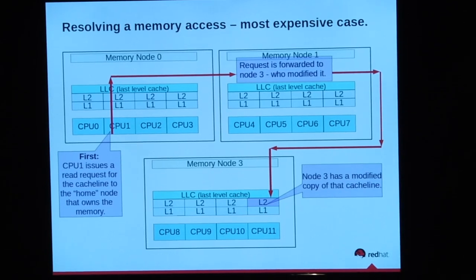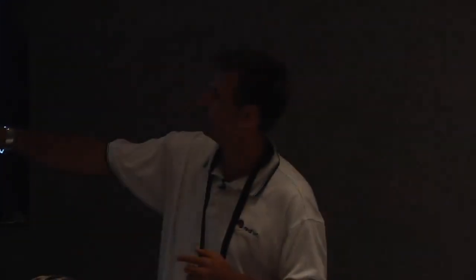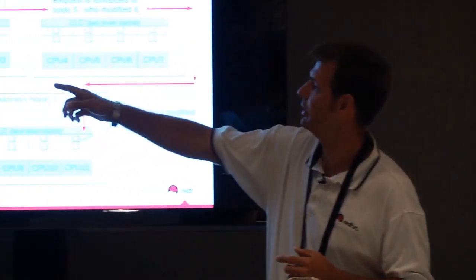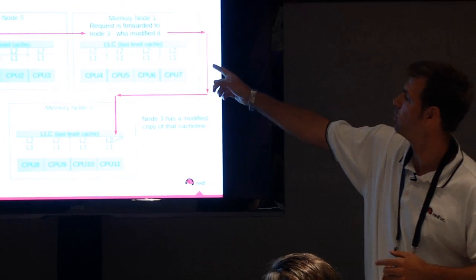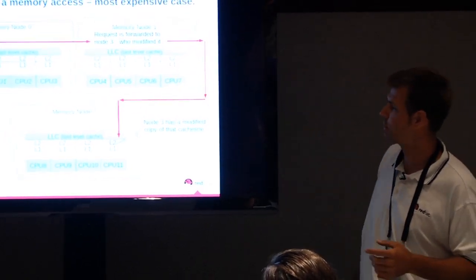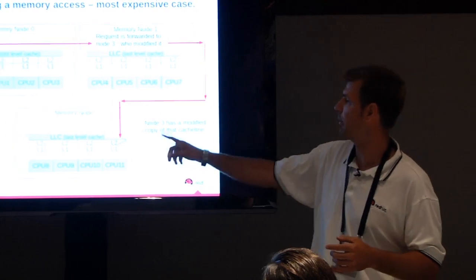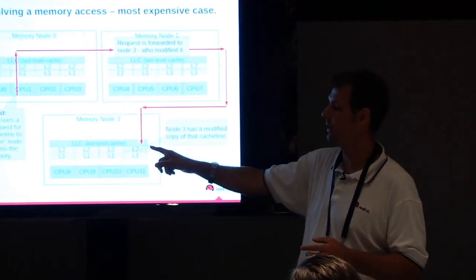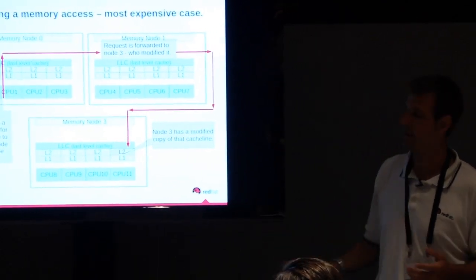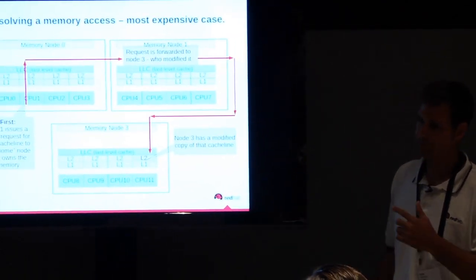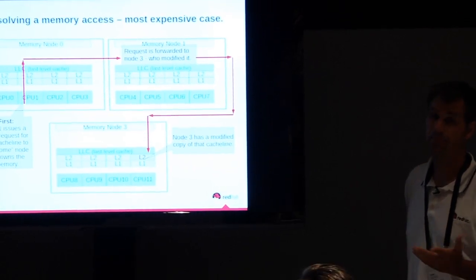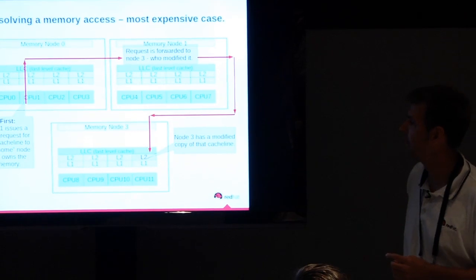You can have a CPU on node 0 request memory on node 1. The node 1 memory controller can say, well, it's being owned by node 3. So now you have to jump all the way over there to find out what it's doing with the line, if it's modified or whatnot. It's just another indirection, another latency that you want to avoid.